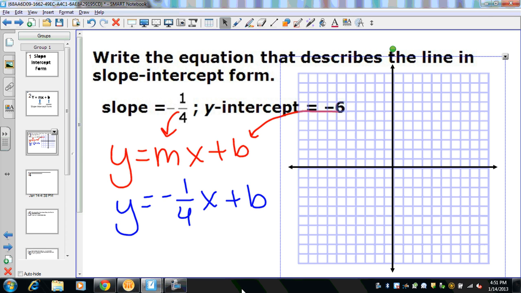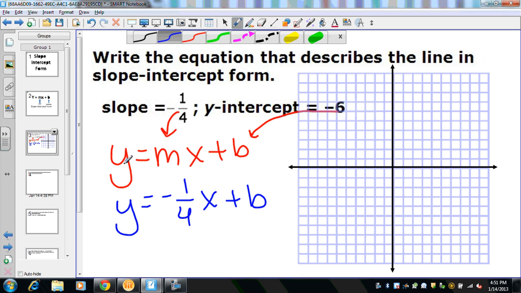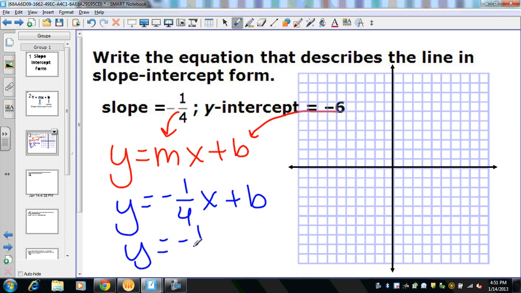All right, now b is equal to -6, so we can rewrite this again and say y = -1/4 x - 6. Okay, now, so this is the answer for that.